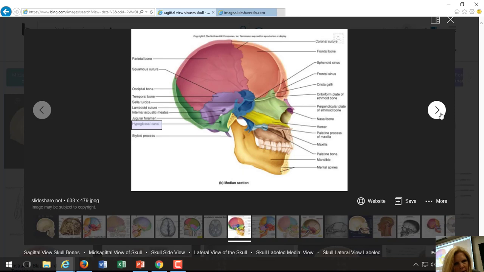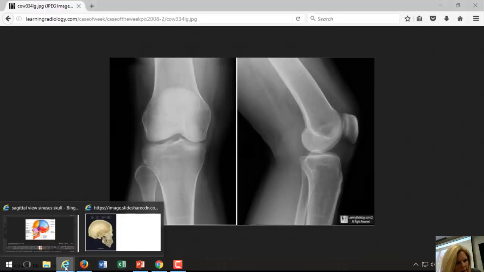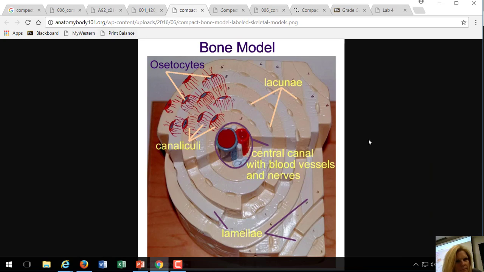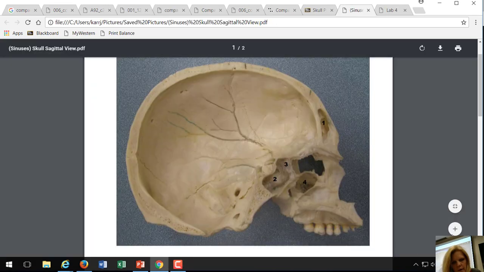We have a real skull here. I put it on Blackboard. I'll go to that because I think that's going to be our best bet. All right, this is in Blackboard. So this is the frontal sinus.